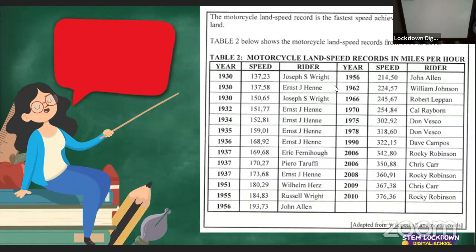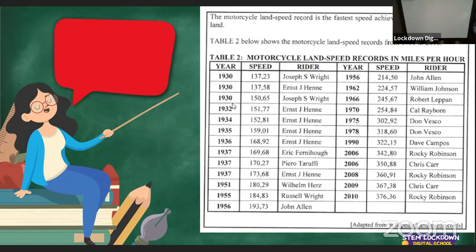We have riders, the year the record was achieved, and then the record itself, the speed that was attained by different riders. We have 3 columns of data, and this is continuing. We have 3 variables: year, speed, and rider.